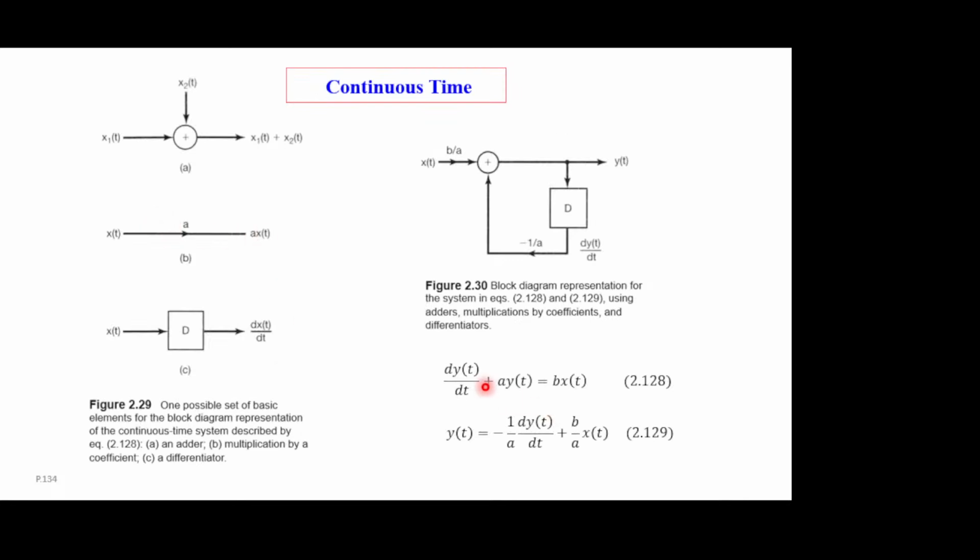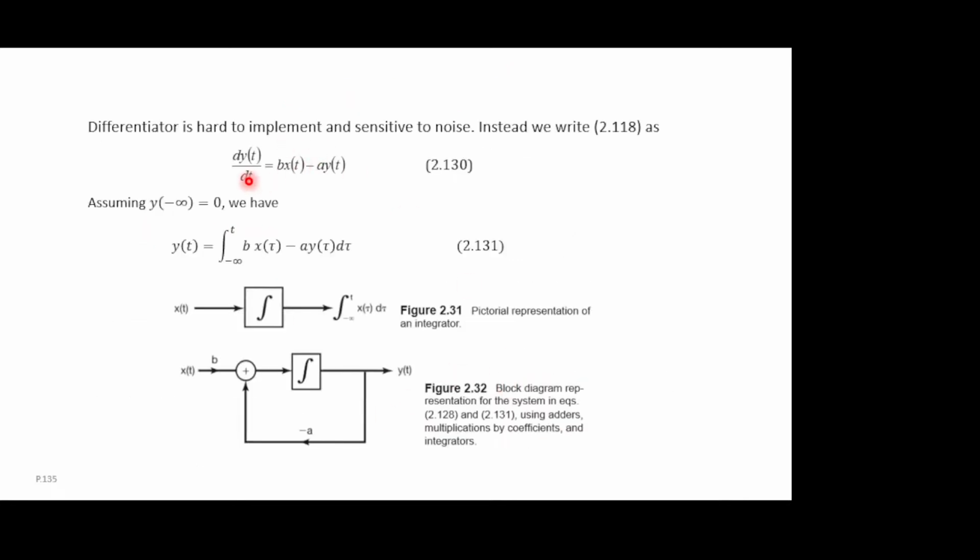So we rewrite this equation, and we put dy/dt on this side, and we integrate it. Okay, and so we integrate both sides, and we have y of t on this side with some boundary condition, I will assume. And then we have the integration of b x minus a y. Okay, and so this is the circuit we want to use to build this differential equation.